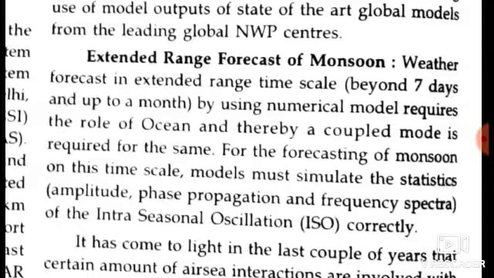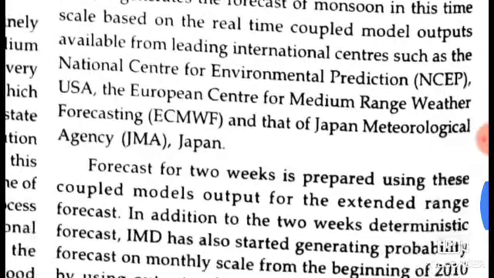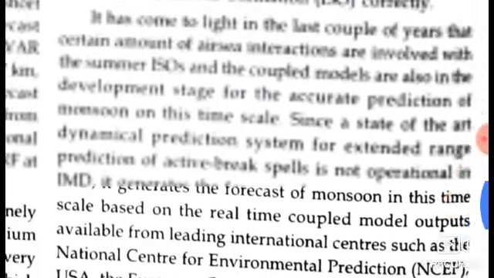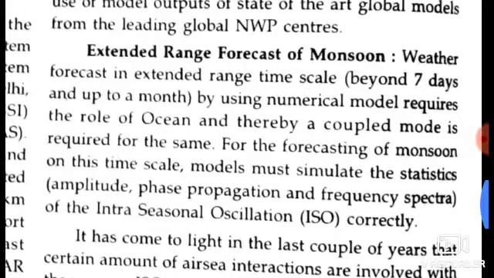Extended range forecast of monsoon. Weather forecast in the extended range time scale is beyond 7 days and up to a month. Using numerical models requires the role of oceans, and thereby a coupled mode is required.